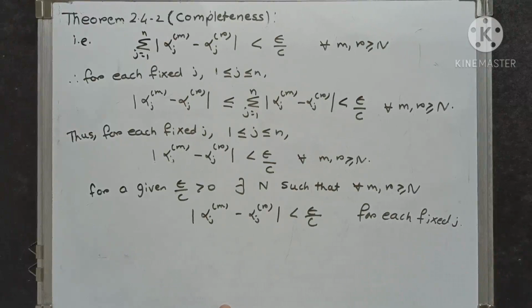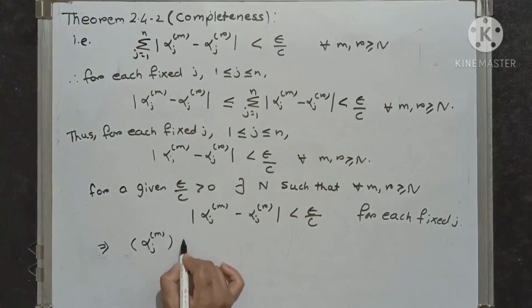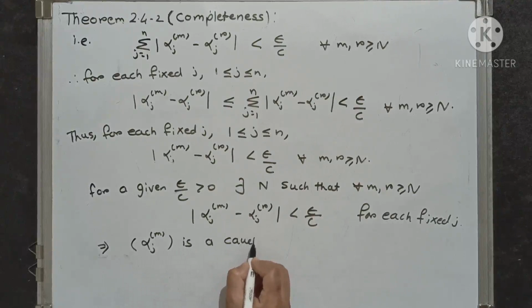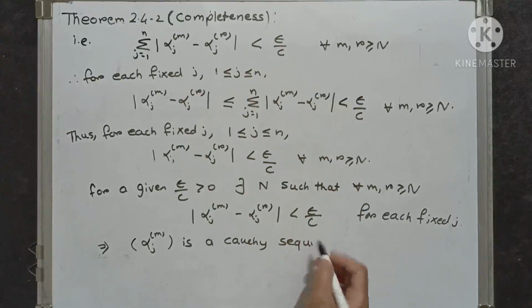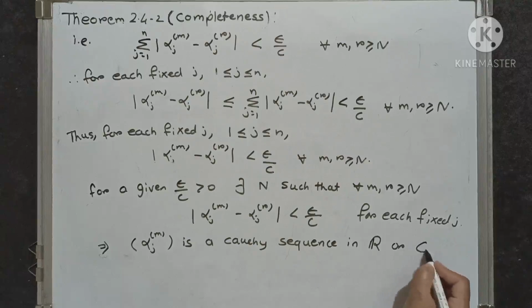This implies that the sequence alpha jm is a Cauchy sequence in R or C.